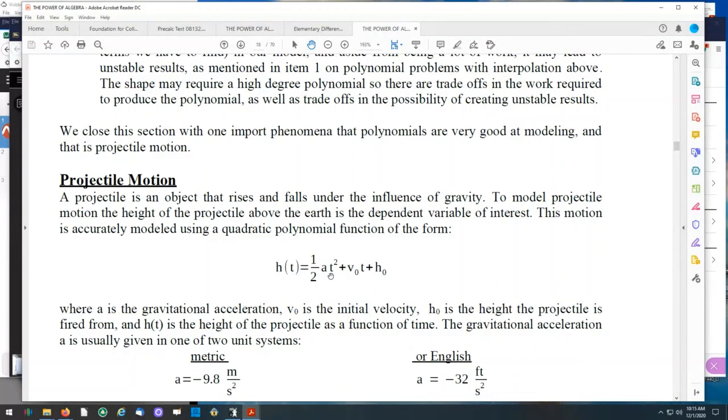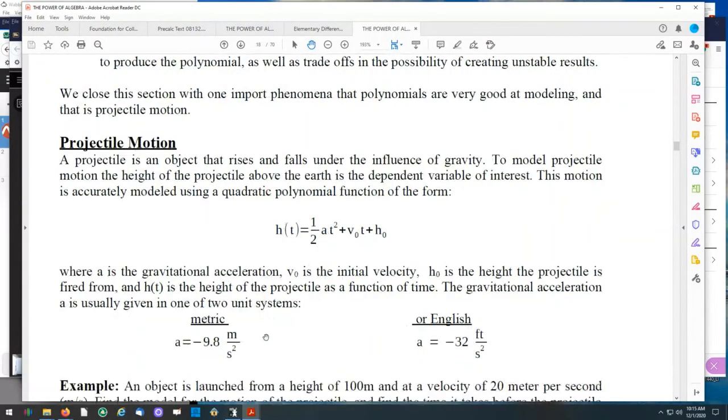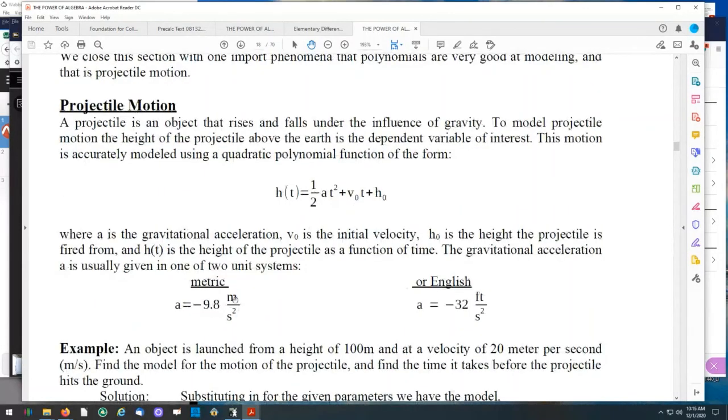Now a takes on different values depending on the system. In metric it's negative 9.8 meters per second squared. That's the pull of gravity. It's negative because it goes against the height. The height is measured from the surface of the Earth up, where gravity pulls down towards the surface. So it's always a negative acceleration. You're accelerating towards Earth. And in the English system it's 32 feet per second squared.